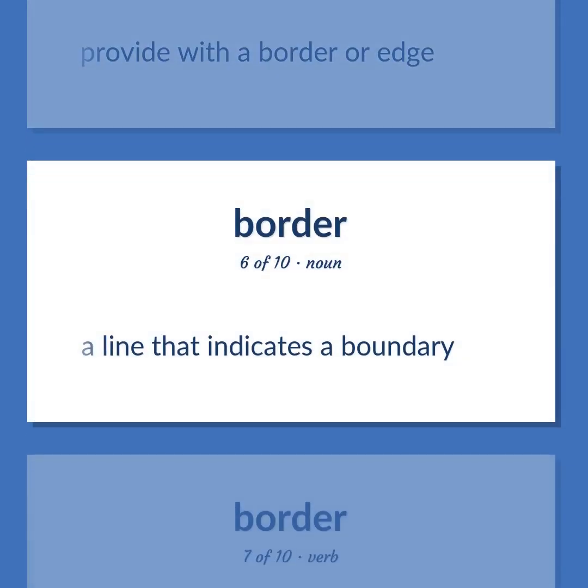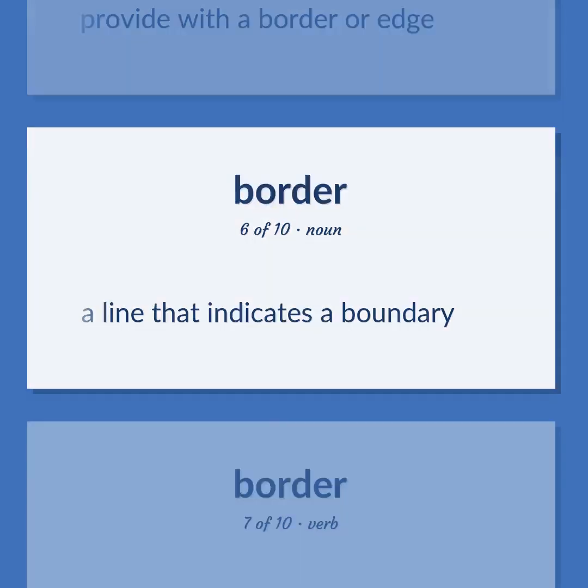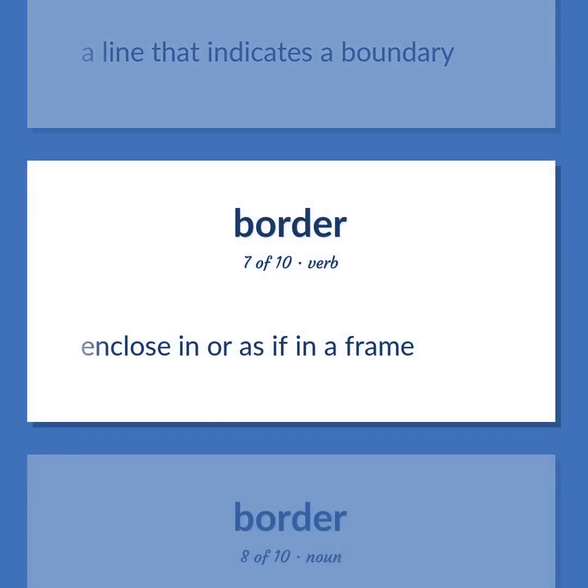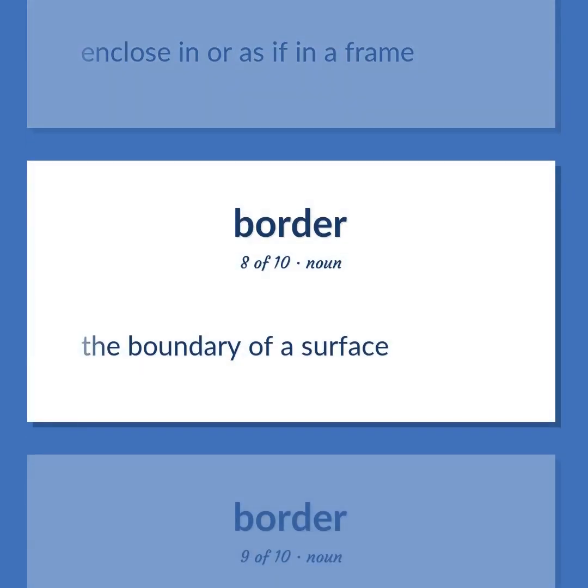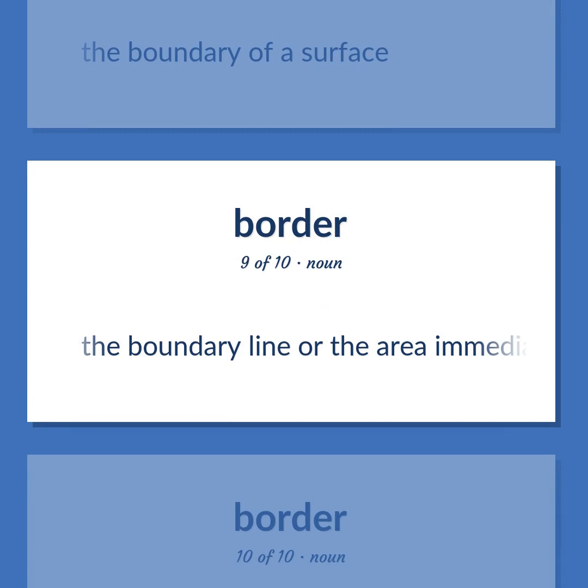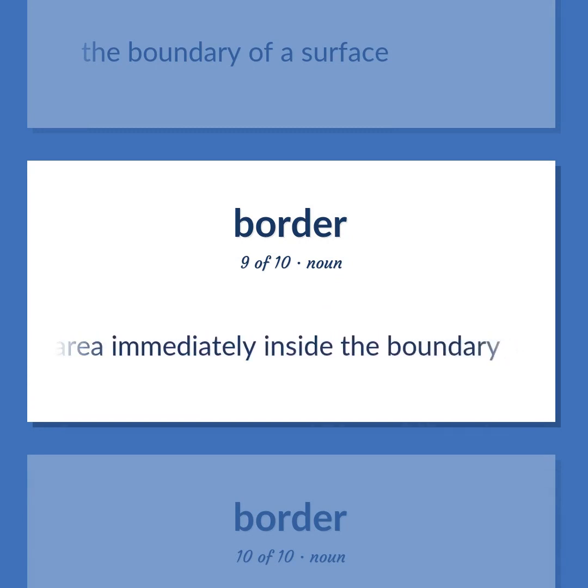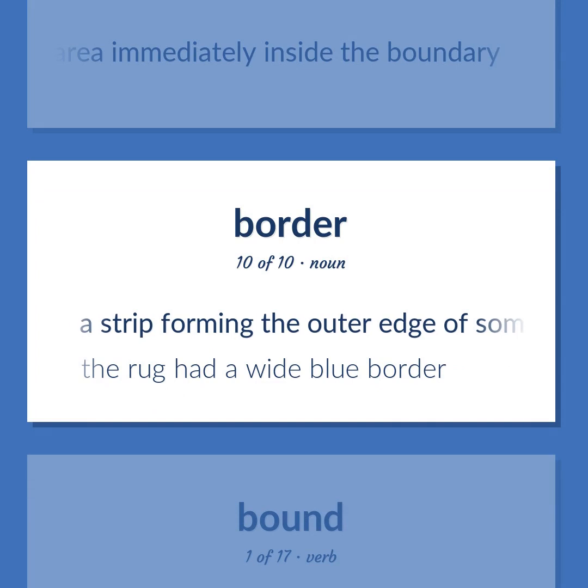A line that indicates a boundary. Enclose in or as if in a frame. The boundary of a surface. The boundary line or the area immediately inside the boundary. A strip forming the outer edge of something.